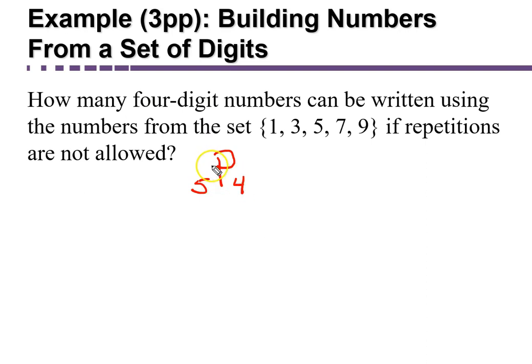So again, we put that into our system, and since this is a small one, we can work it out mathematically. This will be 5 factorial, and this will be, in parentheses, 5 minus 4 factorial.